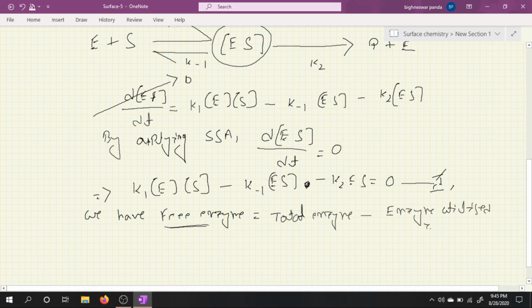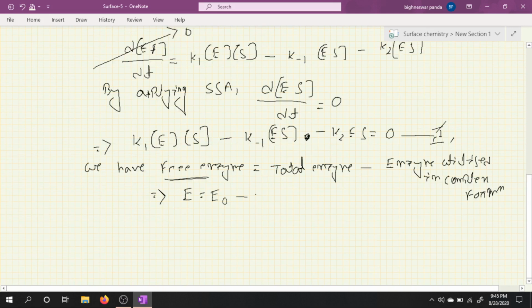So for free enzyme I have the notation E, and that will be equal to total enzyme E naught minus enzyme utilized in complex formation, which will be ES.